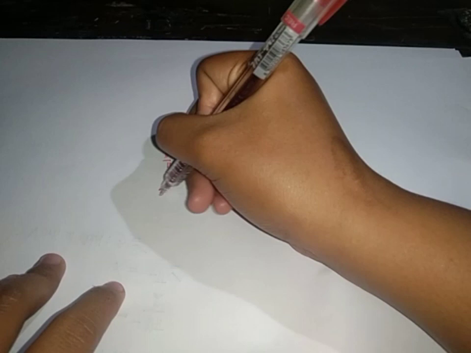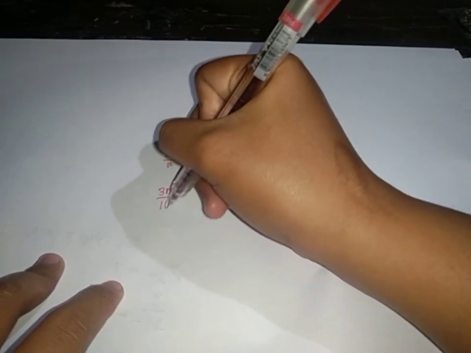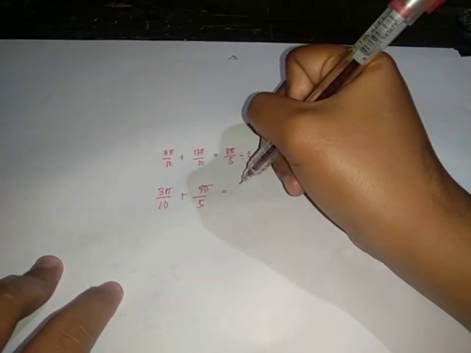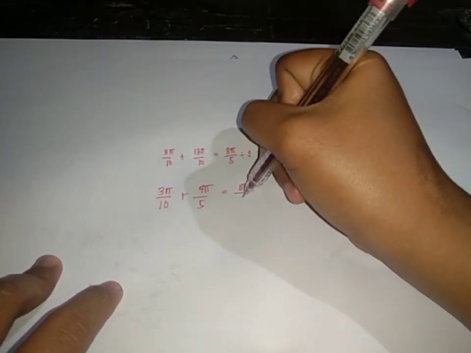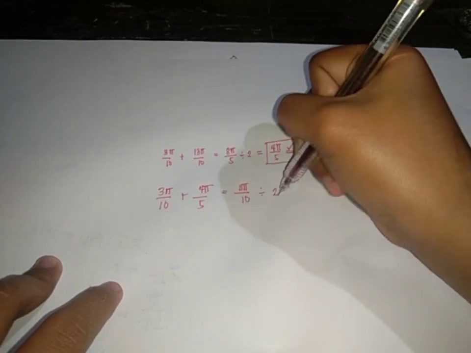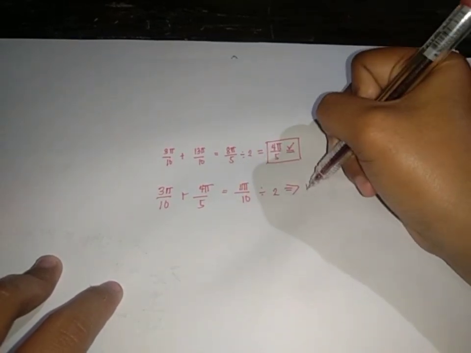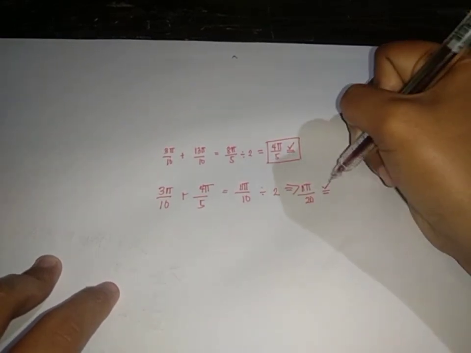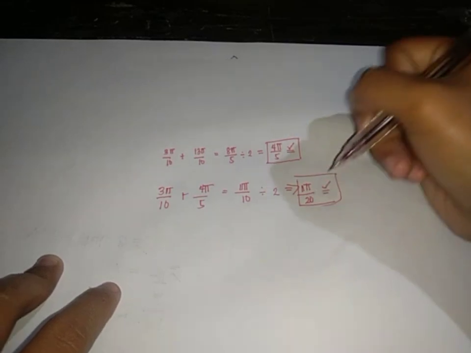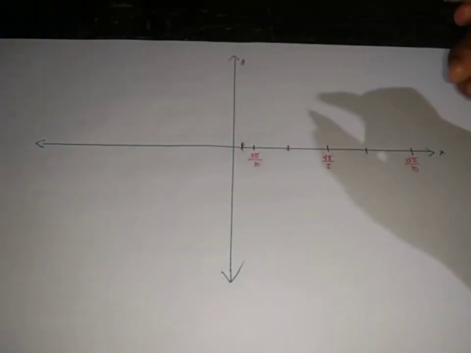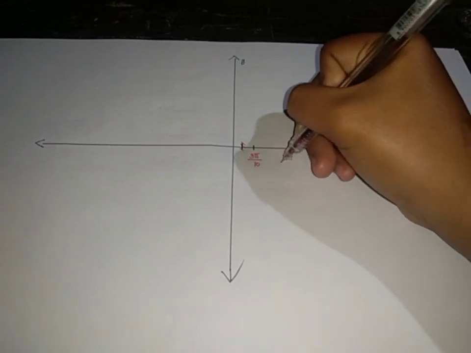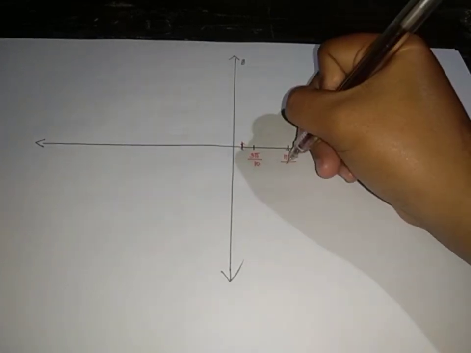So 3 pi over 10 plus 4 pi over 5 is equal to 11 pi over 10, divided by 2 equals 11 pi over 20. That's how simple to get our points in our graph.